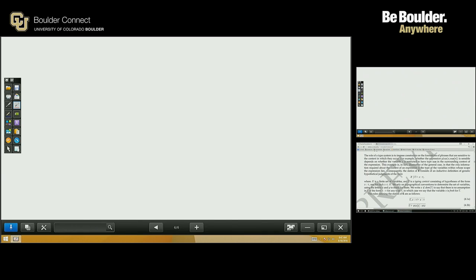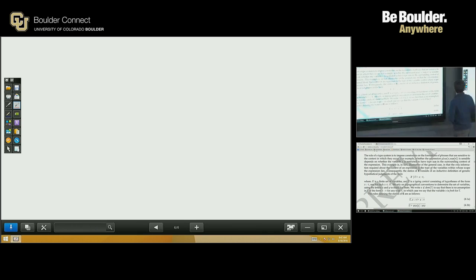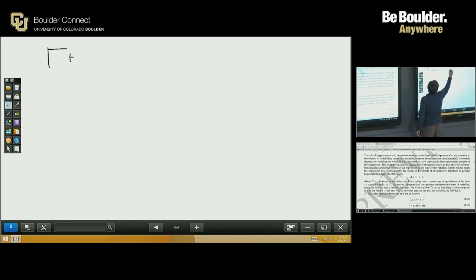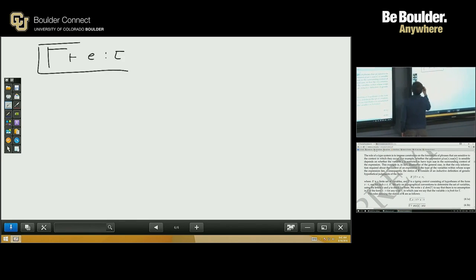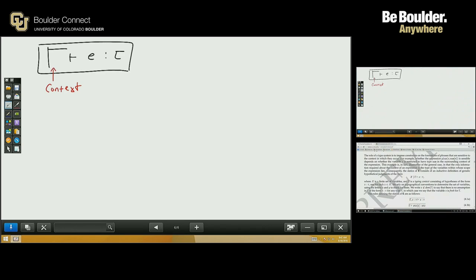So there's this form, gamma turnstile E tau. We refer to gamma as the context, or typing context. This is still an expression, and this is still a type.